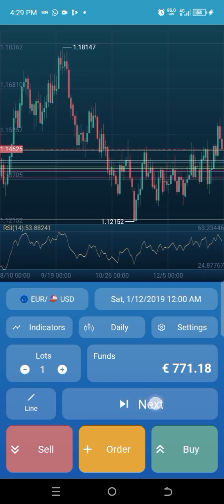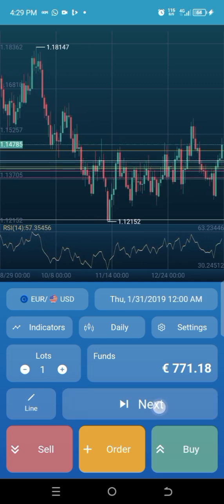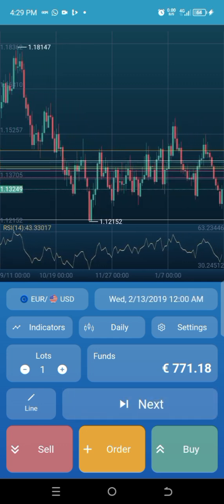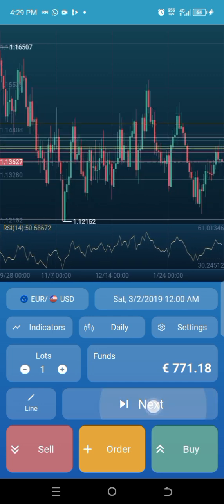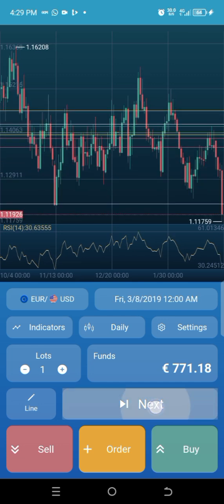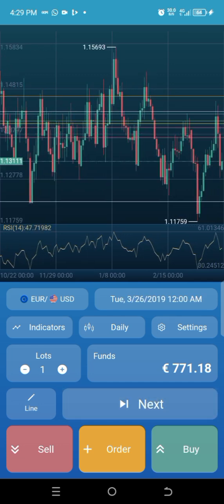Let it validate the move upwards. Still not yet. Price is still going down.